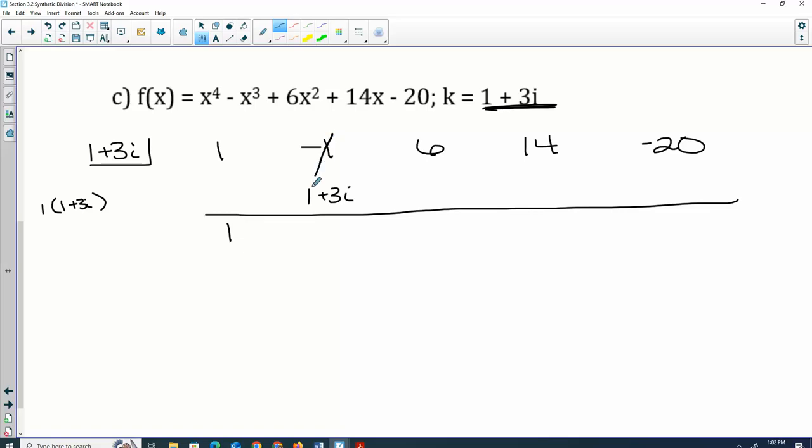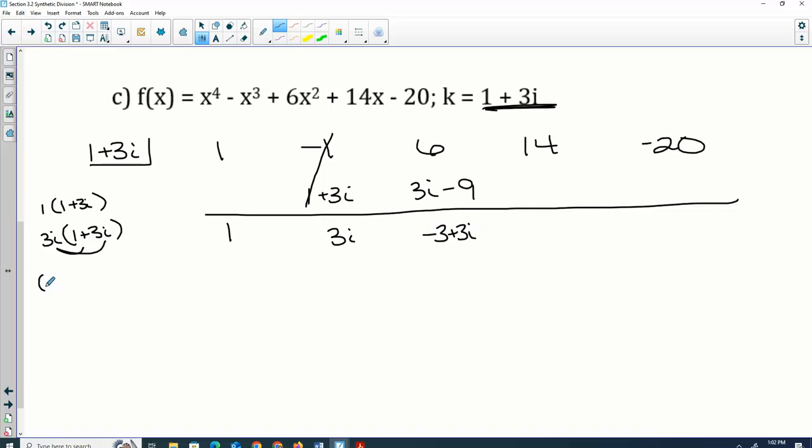We just combine like terms, so the -1 and 1 cancel, and we get 3i. So now I have to do 3i times 1 plus 3i. If I distribute, I get 3i plus 9i squared. Do you guys see where I got that? Like terms, positive 6 and -9 is a -3, and we still have this 3i.